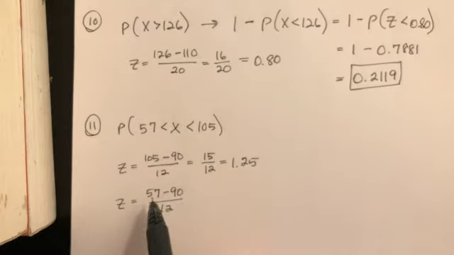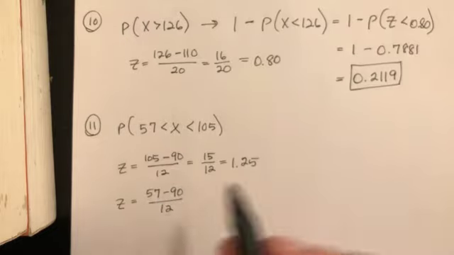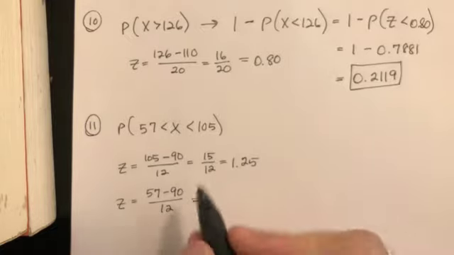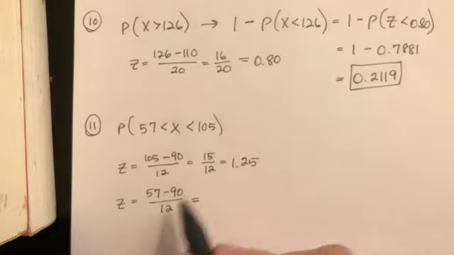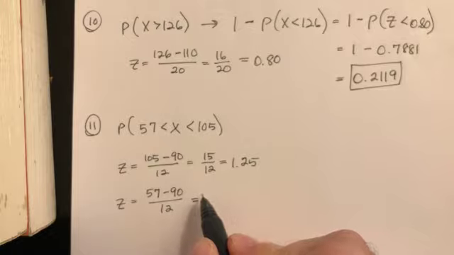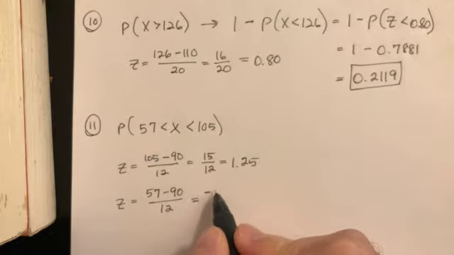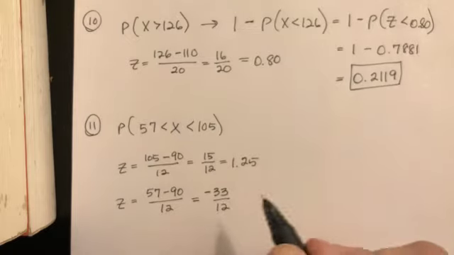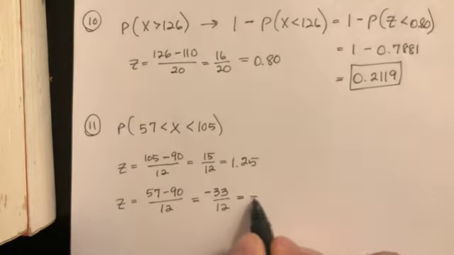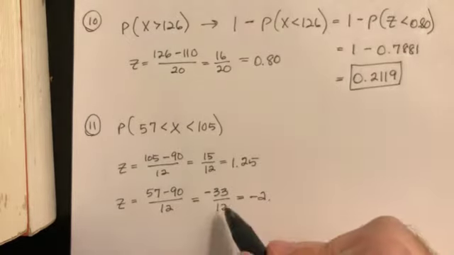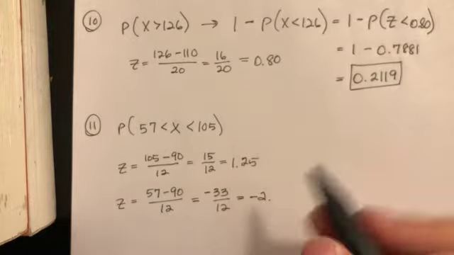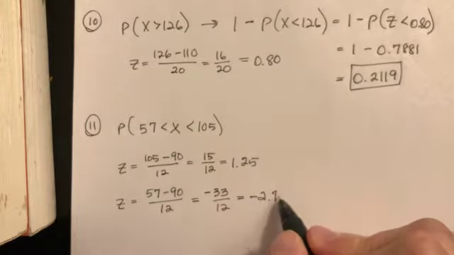Don't change this order. Keep it the same. X minus mu. Always x minus mu. Because negative numbers matter. What is this? Negative 33. Okay, well that goes 3 times, and you're left with 9/12, which reduces to 3/4, so negative 2.75.